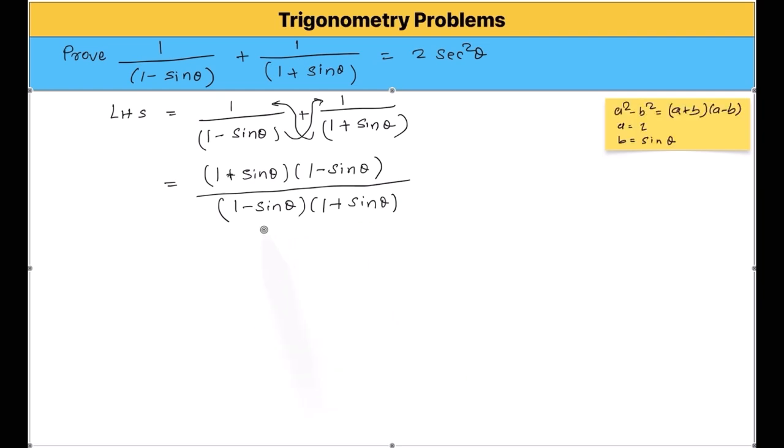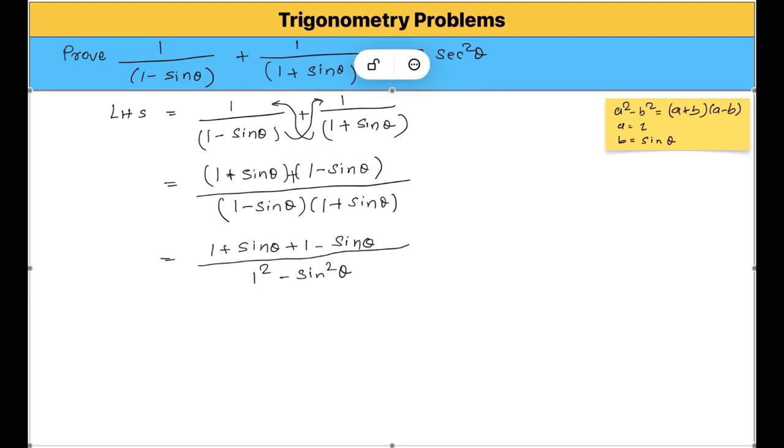Now if you focus on denominator, we have applied so many times a square minus b square is equal to a plus b into bracket a minus b. Here a is 1 and b is sine theta. Applying this, we will be getting 1 square minus sine square theta into denominator.